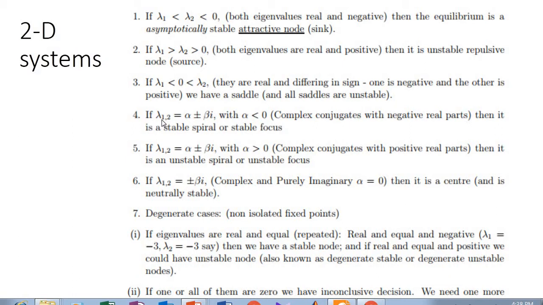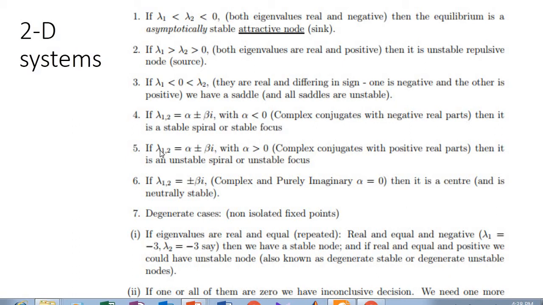If lambda 1 and lambda 2 are given as complex numbers, with alpha less than 0, so the real part of the eigenvalue is less than 0, the complex conjugate with a negative real part, then it is a stable spiral or a stable focus.